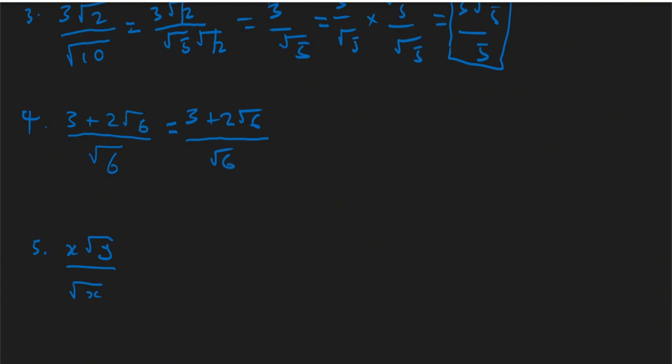We need to multiply the whole thing here, which is the top, by root 6. Then the bottom also by root 6. It's the same thing that we're doing.